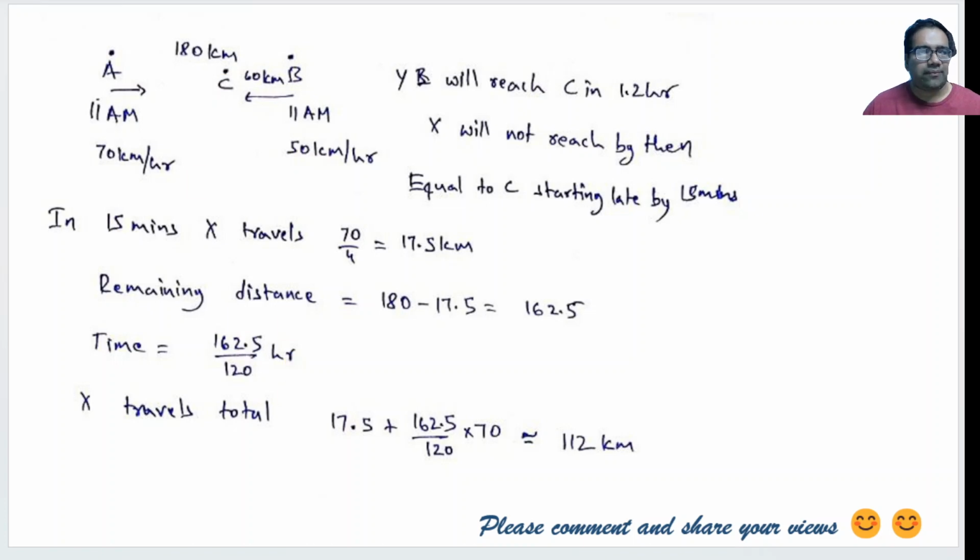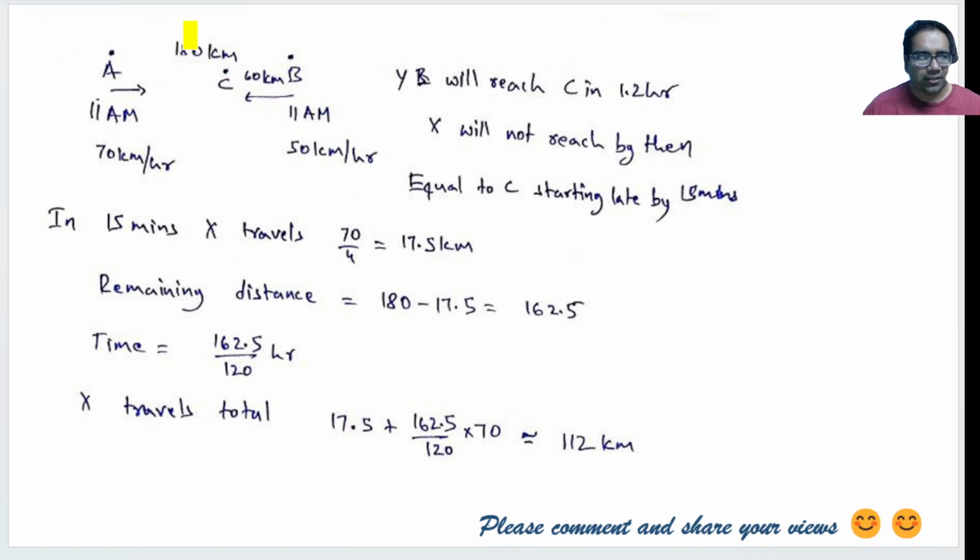Right. In this total time, how much does X cover? X covers 70 times this 162.5 by 120, which becomes roughly 112 kilometers. So this point C is 60 kilometers, another 8 kilometers. Somewhere here, X and Y will meet effectively.